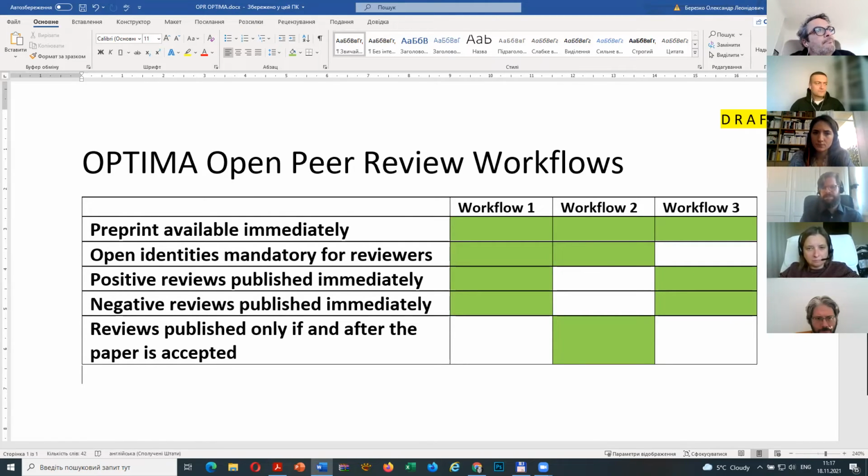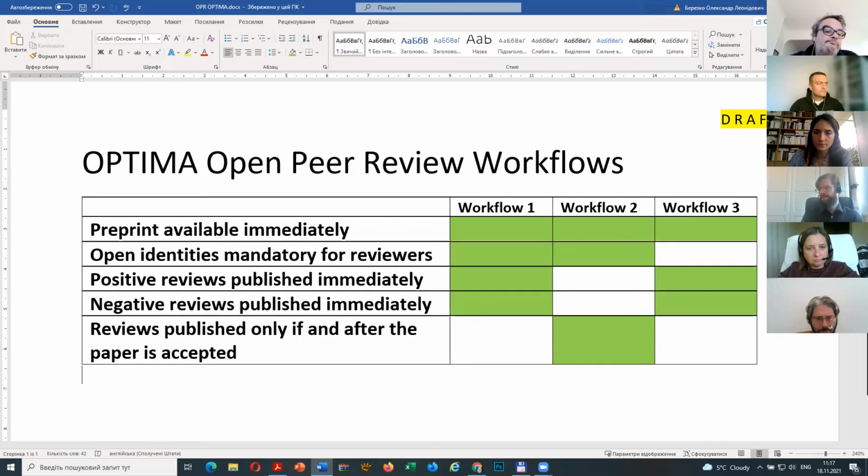Another option that I see here, because Alexander very nicely divided these two points, positive and negative reviews. I think that was also a point of discussion yesterday, whether there's a way to treat positive and negative reviews differently in the system.